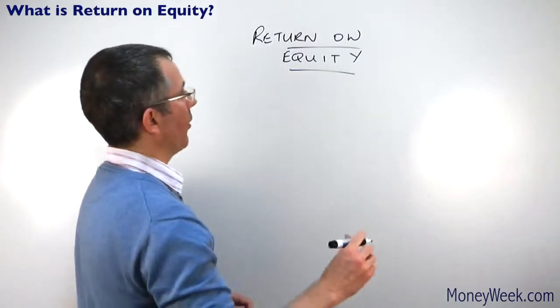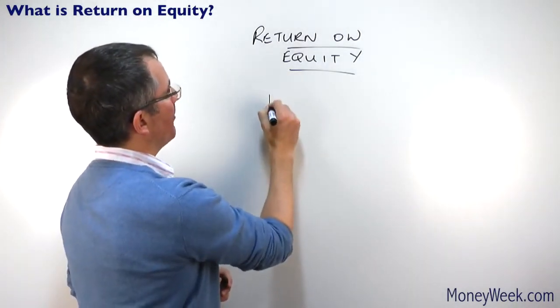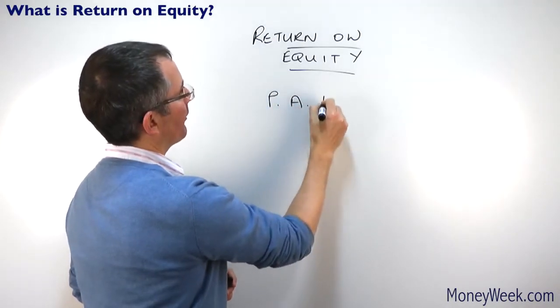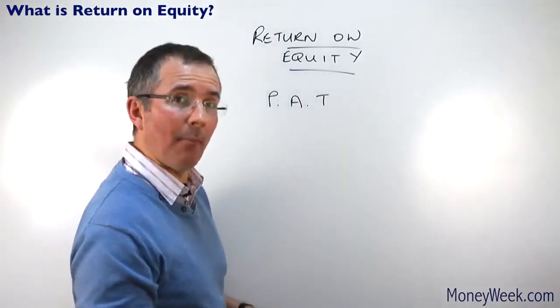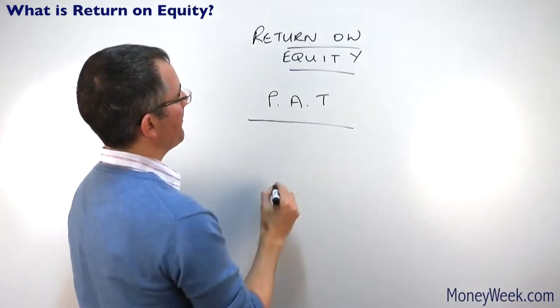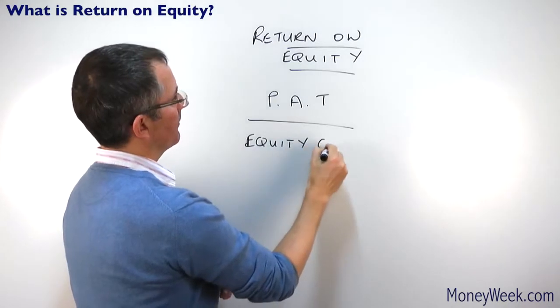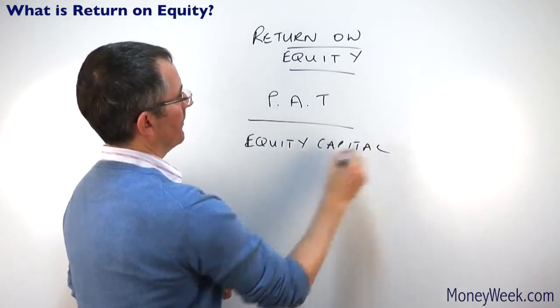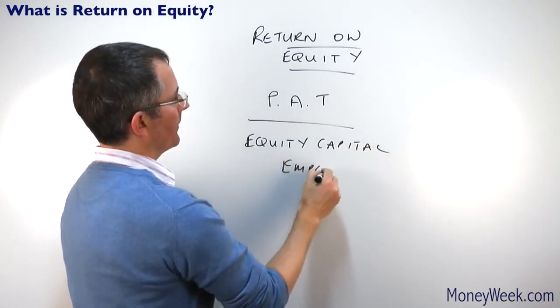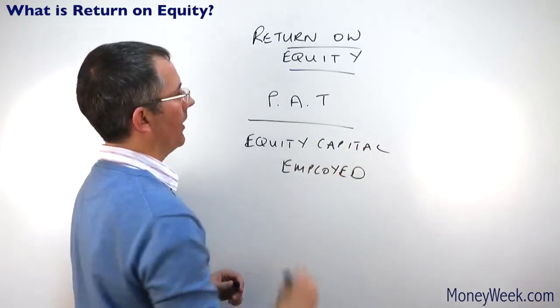So basically all you do is take profit after tax, what the Americans would call net income, and divide it by the equity capital employed or shareholders' funds or net assets.